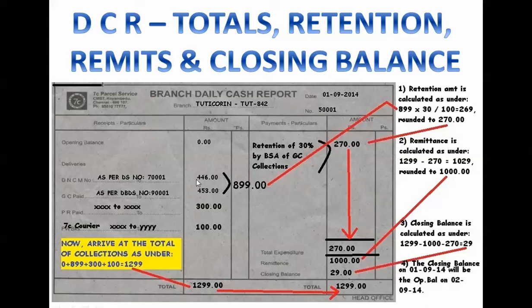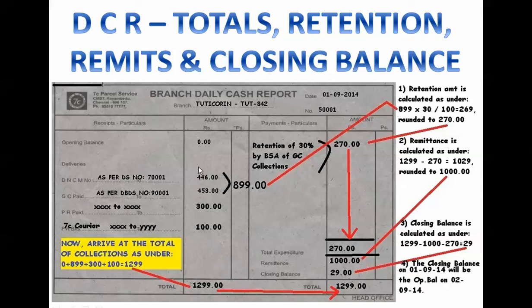He has entered the to-pay amounts through the DS number 70001-446 and the paid amounts through his DBDS number 90001 amounting to 453, and has made a subtotal of the GC collections, that is 899. He has also collected paid amounts through PR bookings from so-and-so number to so-and-so number amounting to 300 rupees, and 7C courier bookings from so-and-so number to so-and-so number amounting to 100 rupees.